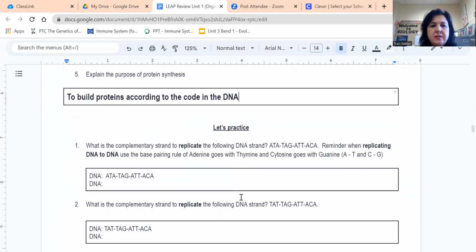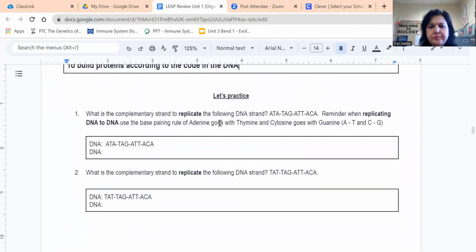Okay, so now let's do a little practice. The first thing I want us to practice, because I want you to be able to distinguish the difference between DNA making a copy of itself, or DNA replication, and then DNA making messenger RNA, which is transcription.